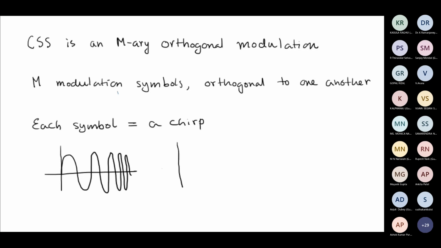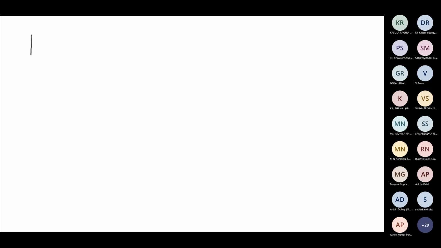Or maybe a chirp can start with a very high frequency and slowly its frequency decreases. So a chirp looks something like this. Since the frequency of the chirp signal is changing over time, we now have to define something called the instantaneous frequency. Just like in a frequency modulation scheme.